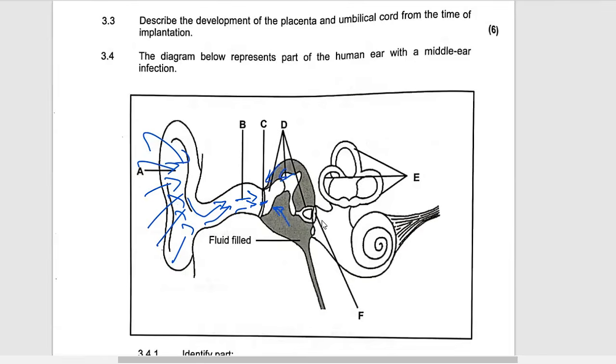After that we put in that small device so that it is able to drain and make the middle ear dry. So we call them grommets. Grommets is not supposed to have the E in the middle.